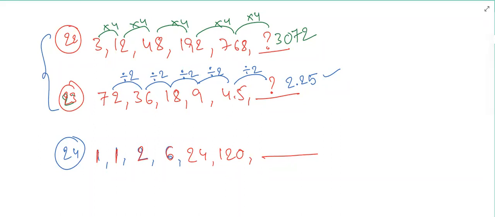720, I think. Here the question is based on multiples only, but not a constant multiple. Different multiples. Yes, sir, the answer is 720.